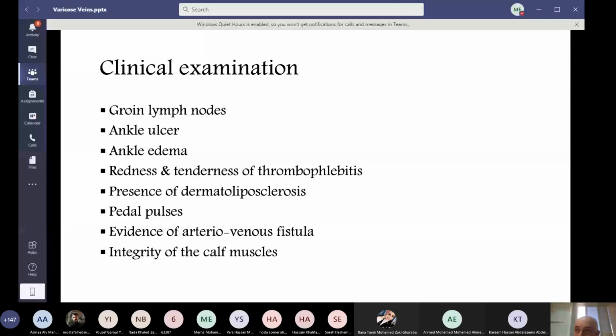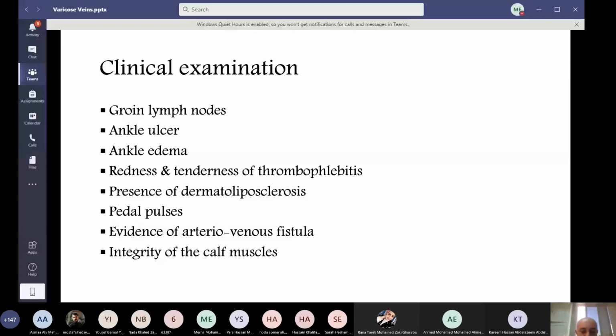How can we detect this arteriovenous fistula? There is a thrill over the vein, and if you put a stethoscope over this vein, you will hear what is called a machinery murmur, a continuous murmur which extends through diastole.